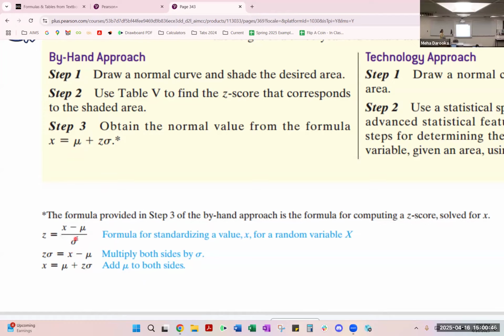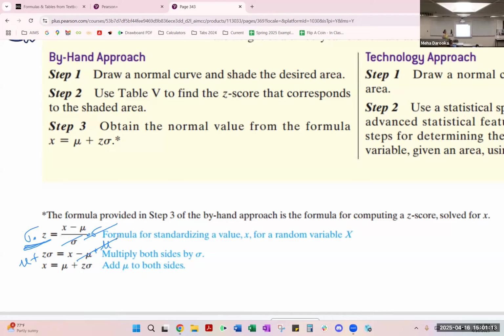So it's simple algebra here. We start by multiplying both sides by sigma. If you're multiplying both sides by sigma, then these would cancel out, right? So you're just left with x minus mu on the right-hand side, and you get z times sigma on the left. And then of course you want x by itself, so we add the mu on both sides.